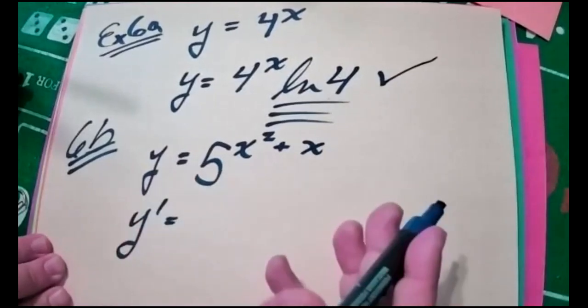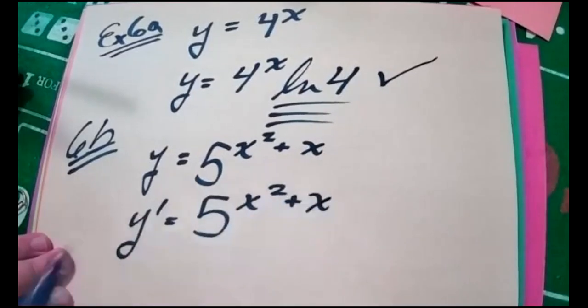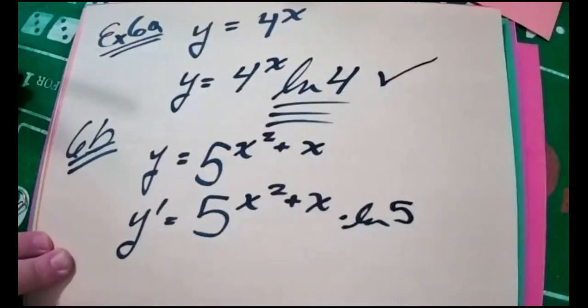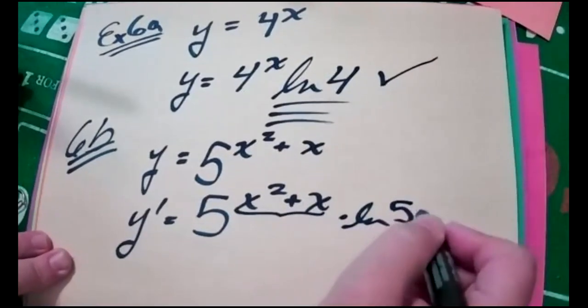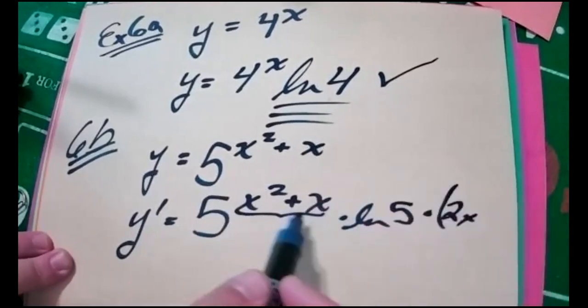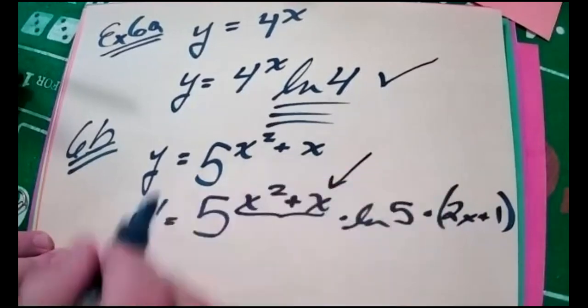We know the derivative of an exponential function is just that exponential function, like you see here. And to finish up, I have to make sure that I do the natural log of 5, right? But also I have to make sure I do the chain rule and take the derivative of what's inside. What is the derivative of x squared? It's 2x. What is the derivative of x? It's 1. And that's something people screw up a lot.